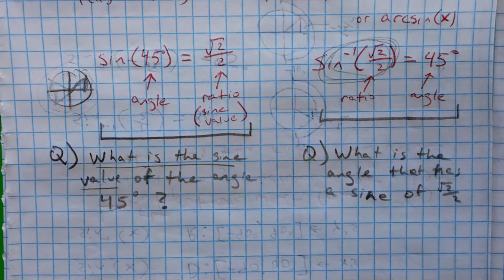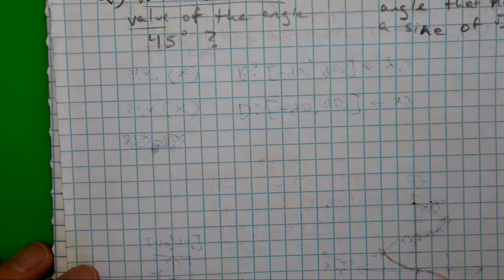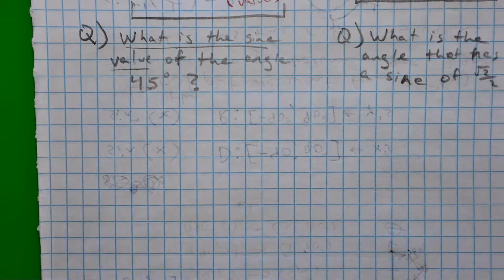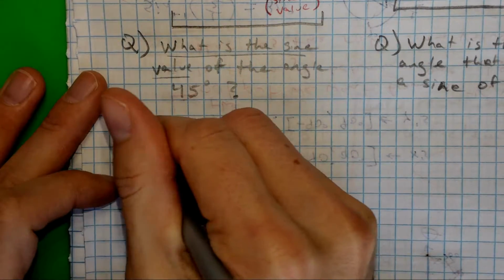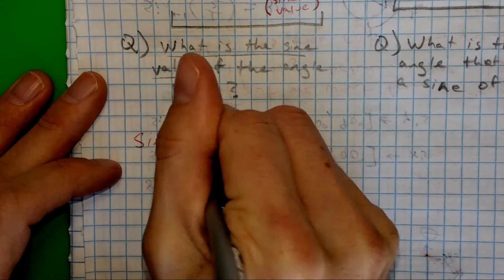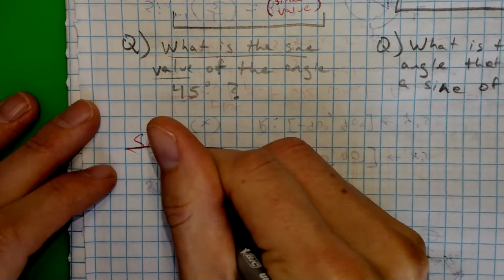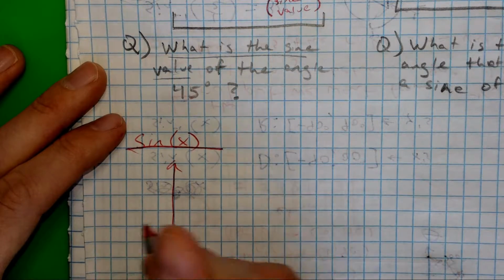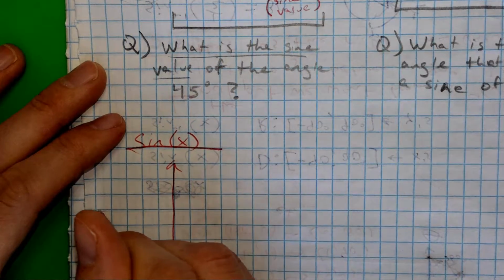Okay, so this is how we use inverses in trigonometry. And they're going to be useful, like other inverses, for solving equations. So to help us answer more questions involving the inverse, let's sketch a quick graph. So first I'm going to graph sine of x. You've probably seen this graph before.